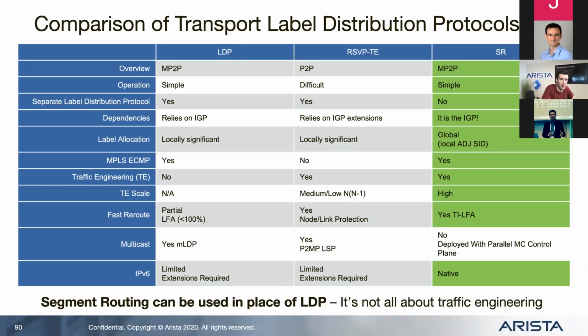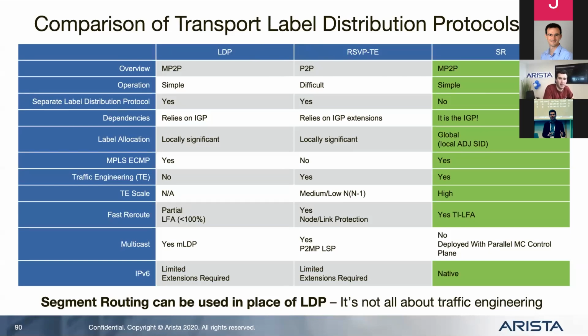At the same time, it's worth noting that you can run segment routing in parallel to LDP. You can run it in parallel to RSVP-TE. You don't have to. It's not an all or nothing setup. You can run all of these protocols side by side today on our devices, and then maybe move services from maybe kind of a brownfield setup, an existing setup, over to segment routing when you're ready and when you see fit.